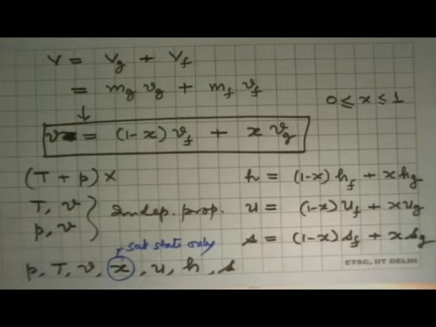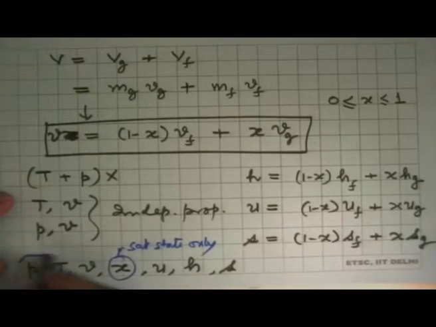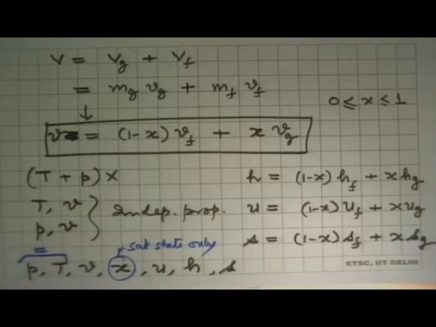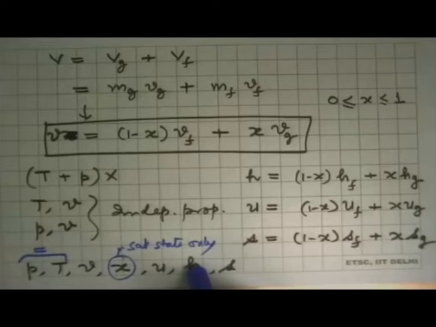X is not defined for states other than the saturated state. For the saturated state, X is defined, and these two are interdependent. They are one and the same. Otherwise, in general, any two properties out of these will completely specify the state of the system. So if I know u and h, good enough. The state is uniquely specified.